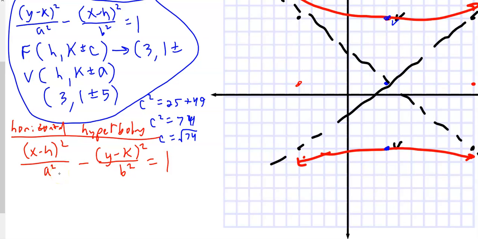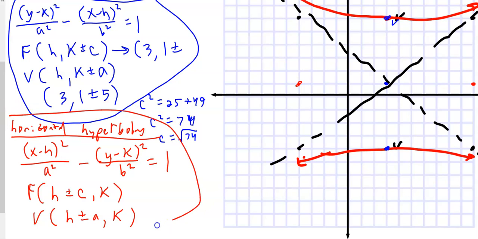So a squared is always on the left for hyperbolas, but because my x is first, it's definitely horizontal. Then the focus points, if you need the formulas for your notes, which you want, are h plus or minus c comma k, and the vertex formula would be h plus or minus a comma k. So it's kind of similar to some of the others. And so those are the formulas you need for your notes.